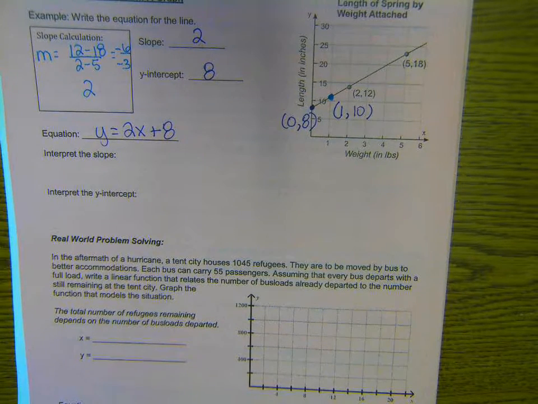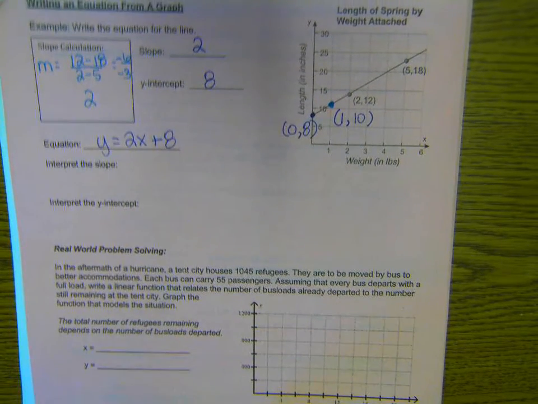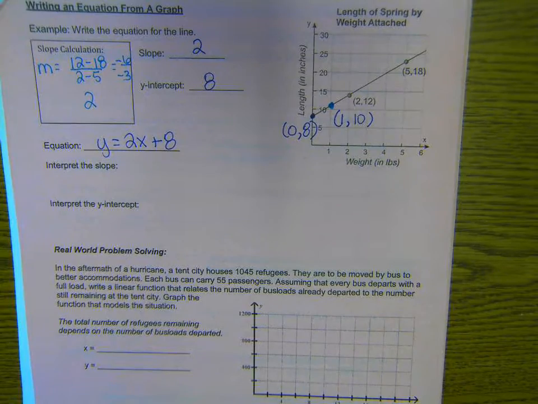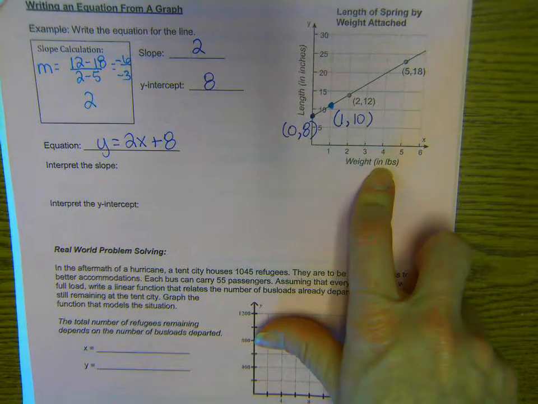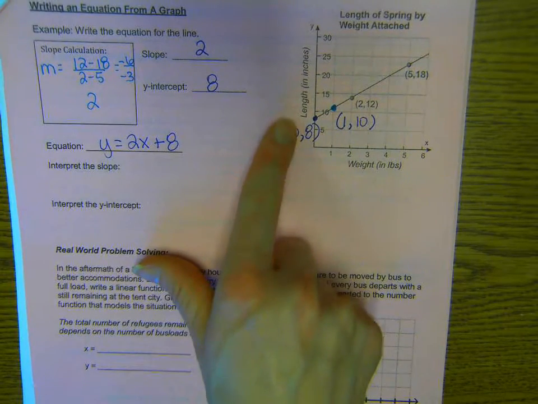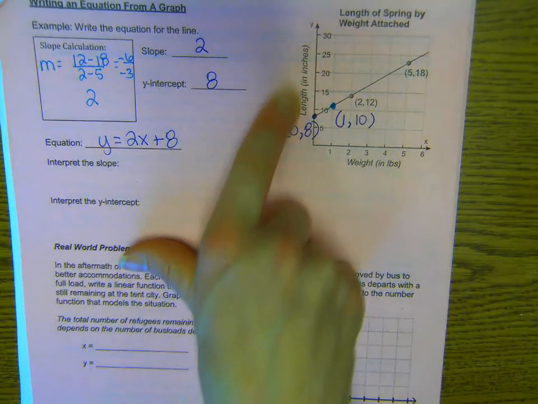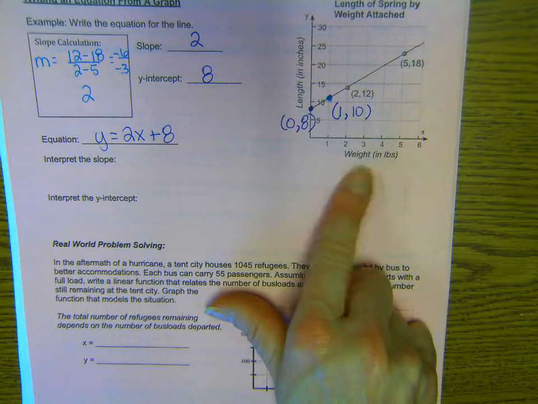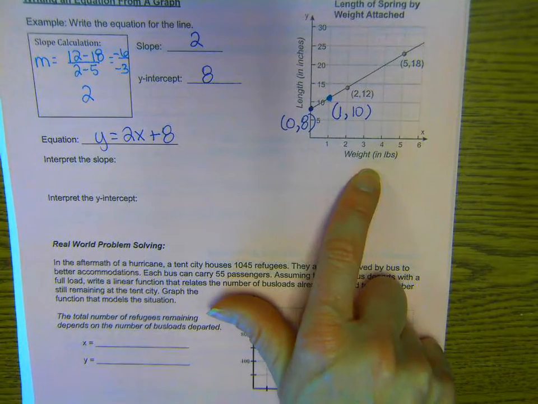Okay. Now, we're going to spend a lot more time with this tomorrow, but I said interpret the slope. Well, slope is rise over run, right? But what is the rise in here? The length of the spring, right? And what's the run? The weight.